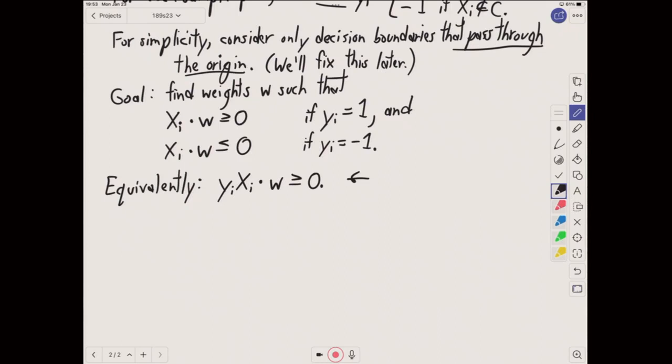And that holds for every sample point. So we are trying to find a value of w, the weights, that satisfies all of these inequalities, one for each sample point. These inequalities are called constraints. They are constraints of the optimization problem that we want to solve.